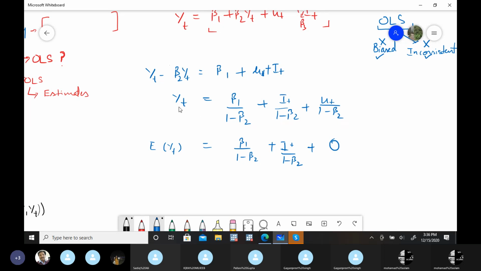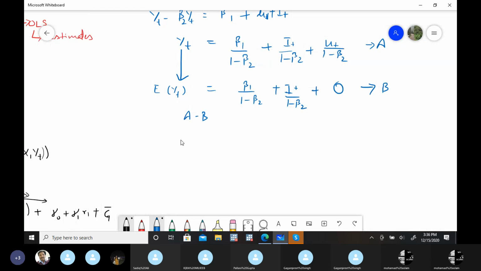So if I subtract this equation, let's say this is B equation, this is A equation, A minus B, this will become Y minus the expected value of Y, the dependent variable. These two will cancel out.